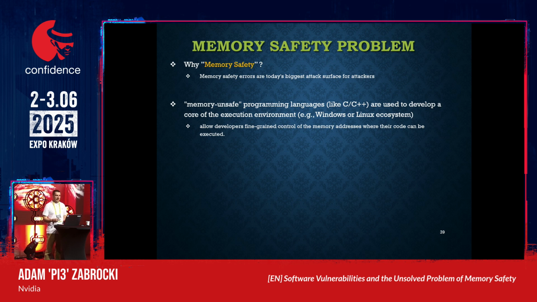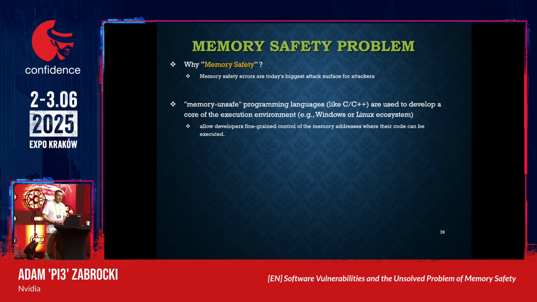And again, there is a second question, why? Why was this language chosen to develop these ecosystems? Because at the time when they were designed, we already had memory safe languages. We could choose a memory safe language, but a memory unsafe language was chosen to develop this execution environment. There were multiple reasons why. First of all, the computers at the time were not powerful enough to handle memory safe language attributes.